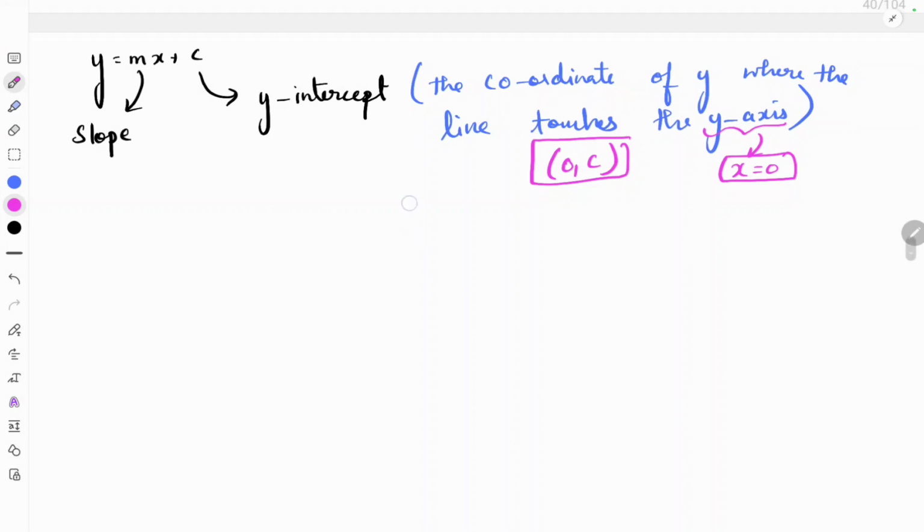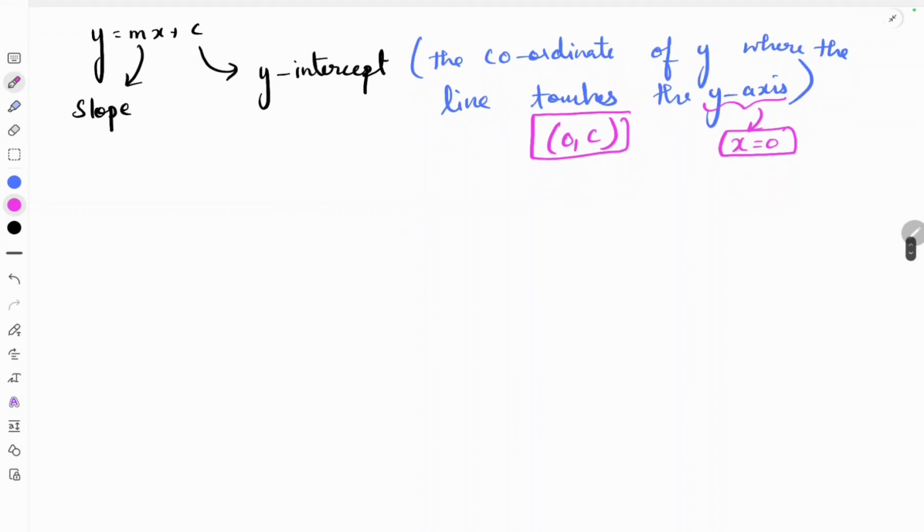So now if we know 2 points on the line, we can write the equation of that line. Suppose if we know some point x1 comma y1, point slope form, x1 comma y1, and m is nothing but slope, I will take one point general x comma y.